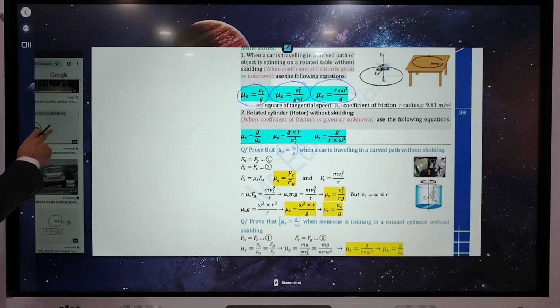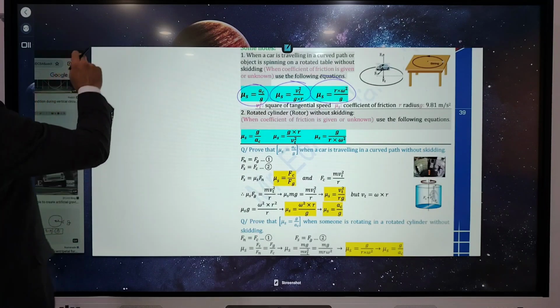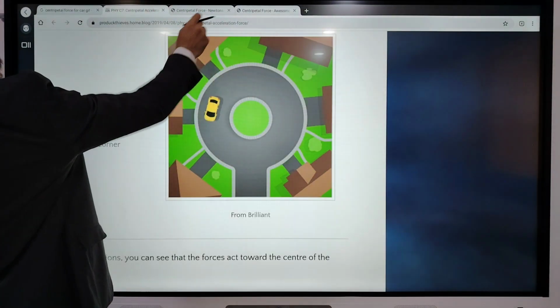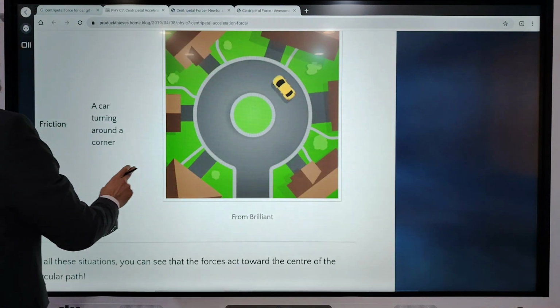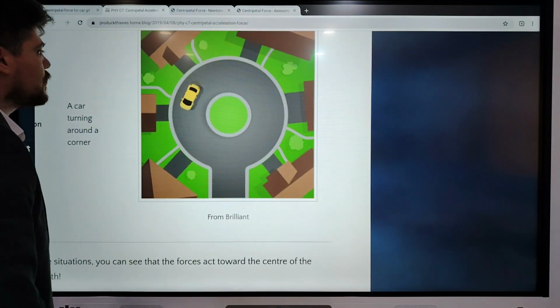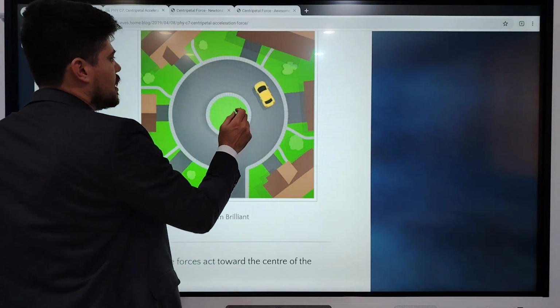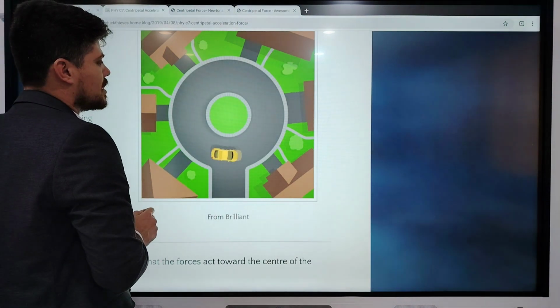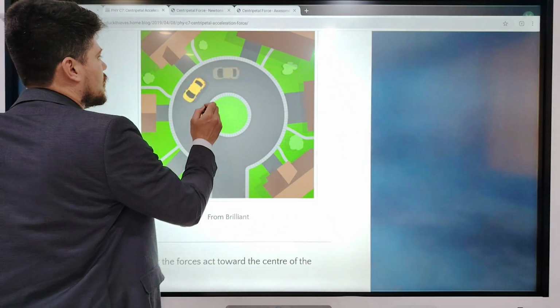As you can see in this animation, this car is moving in a circular path. The force that maintains the car in a circular path is what? The frictional force.